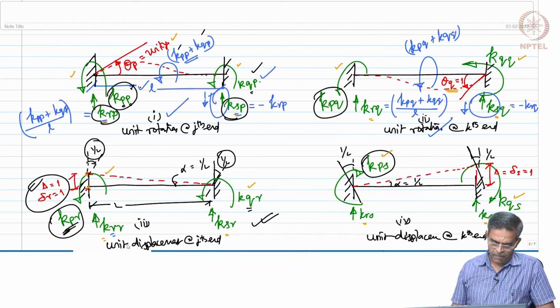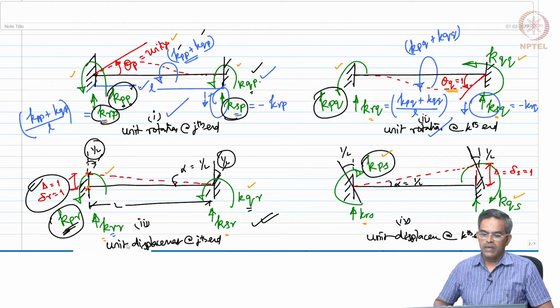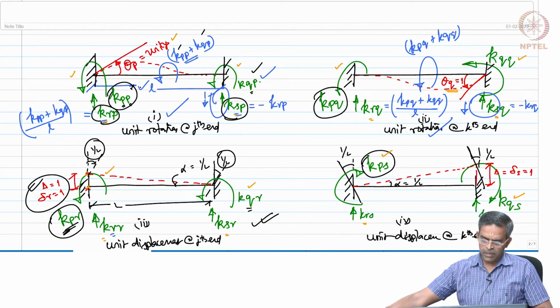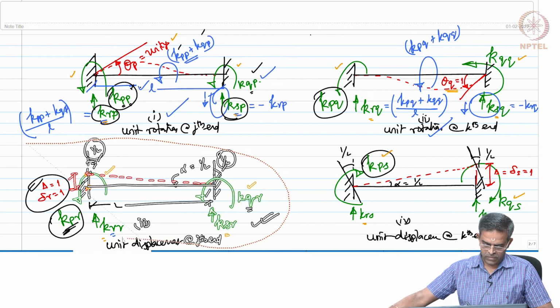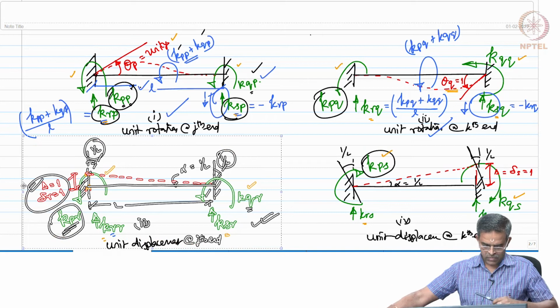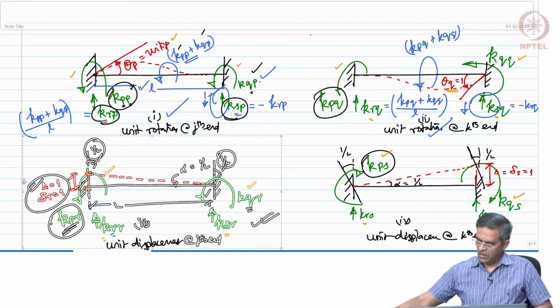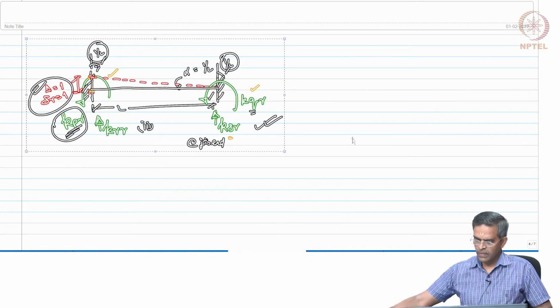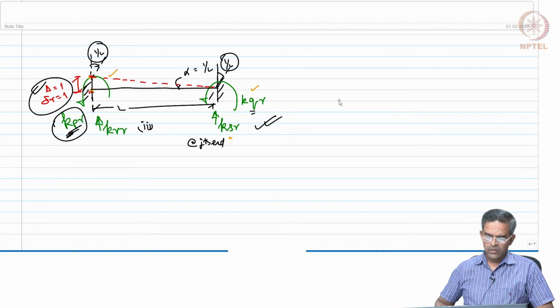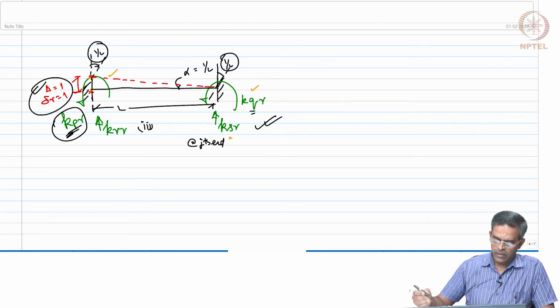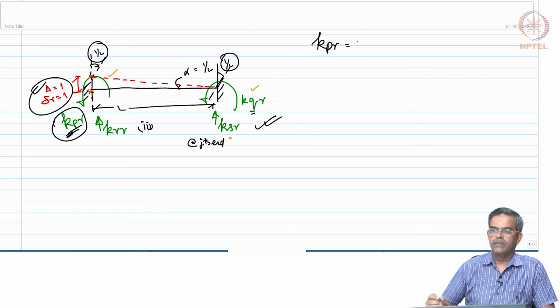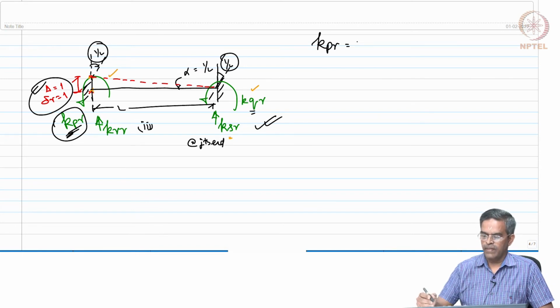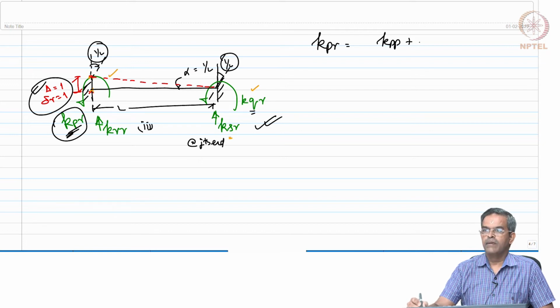once in this figure I know KPR and KQR, let me copy this. And I will put it here. So, I already know KPR as KPP plus KPQ by L, is it not?